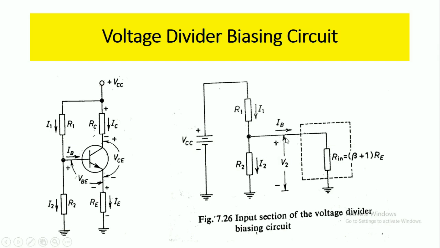Across the resistance R2 we have the voltage drop V2, the current flowing through R2 is I2, and the current flowing through R1 is I1. Looking into the NPN transistor, the input resistance Rin is given as (1 plus beta) into RE.